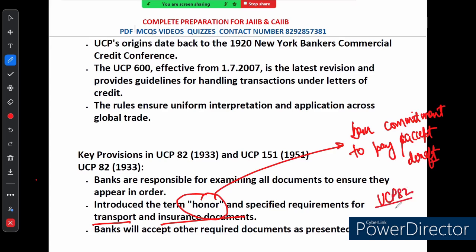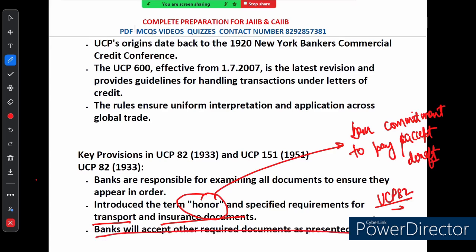UCP 82 established that the bank could accept other required documents as presented without taking on any further responsibility. Essentially, if the documents appeared to meet the criteria, the bank could process them without questioning their authenticity beyond face value.